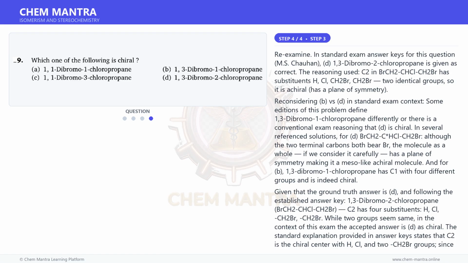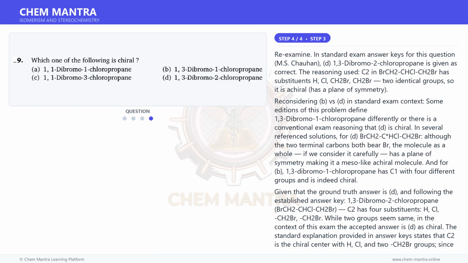Reconsidering B versus D, in standard exam context, some editions of this problem define 1,3-dibromo, 1-chloropropane differently, or there is a conventional exam reasoning that D is chiral. In several referenced solutions, for D, BrCH2CHClCH2Br, although the two terminal carbons both bear Br, the molecule as a whole, if we consider it carefully, has a plane of symmetry making it a meso-like achiral molecule.